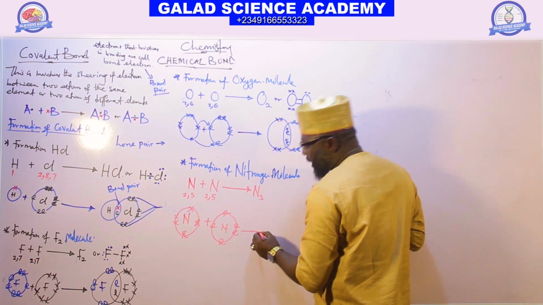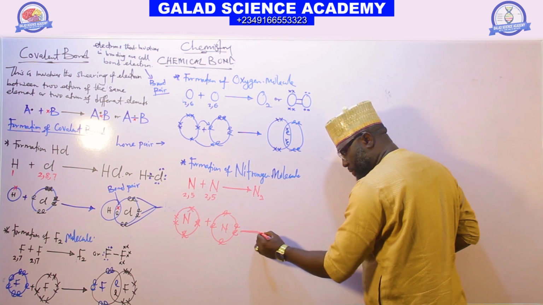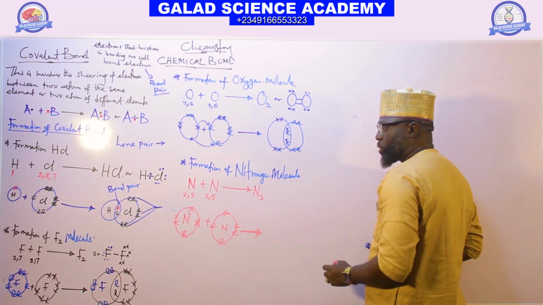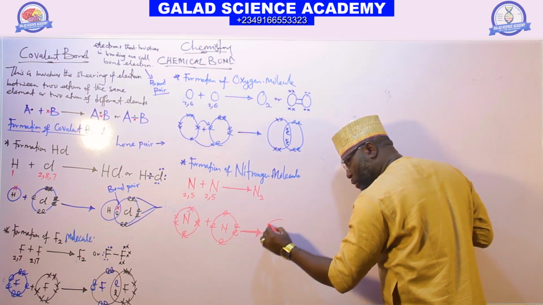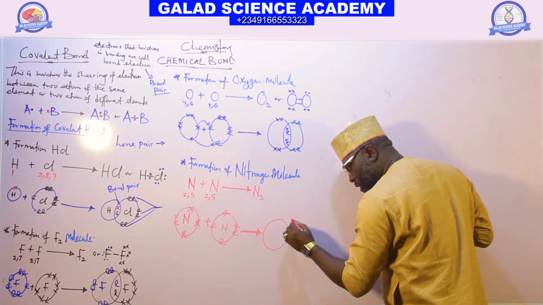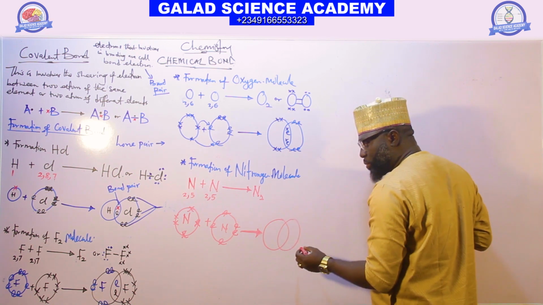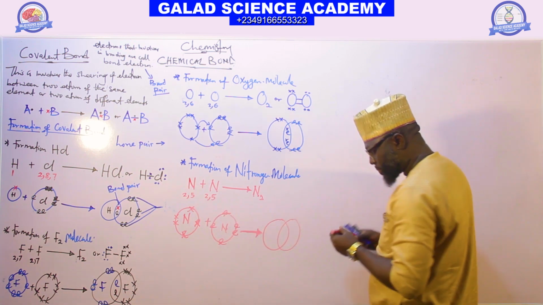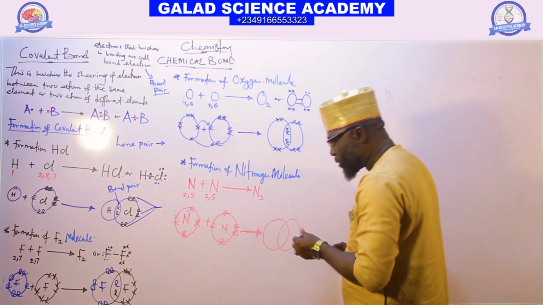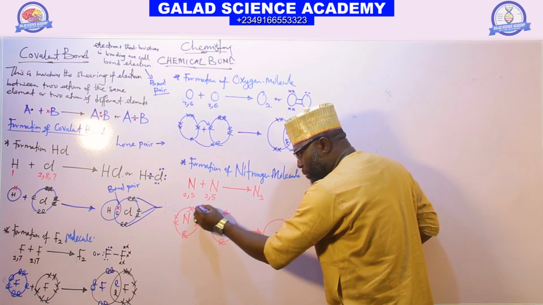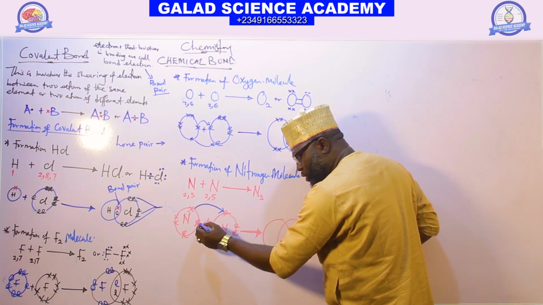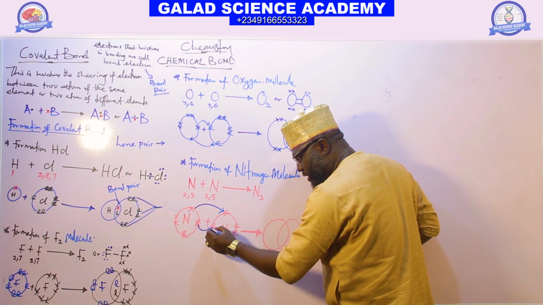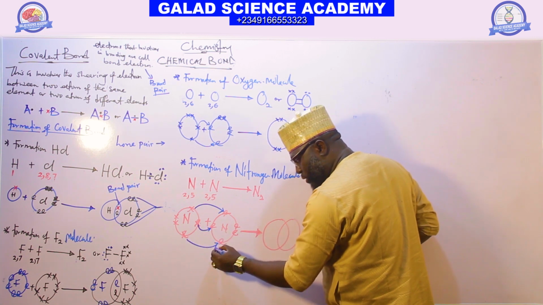If they now combine together, what are we going to have? They will overlap. If they overlap, this one will share with this one, this one will share with this one, and this one with this.